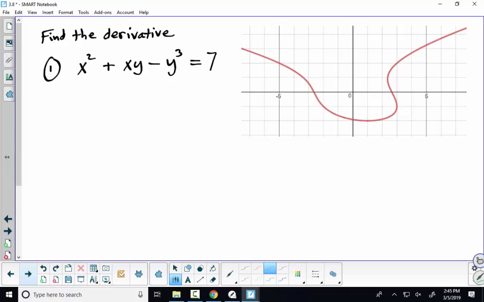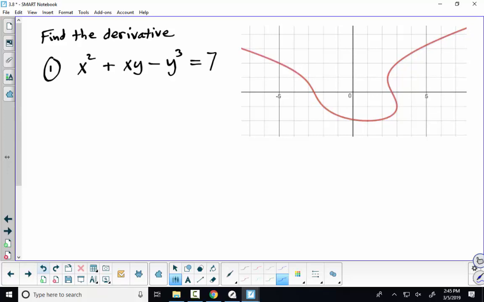I don't know exactly what it looks like because I haven't plotted it, but maybe from here to here is one function of x. This is another function of x. And then this is another function of x. That's really what we would be looking at if we could solve for y. But that's super tedious to solve for a cubic.